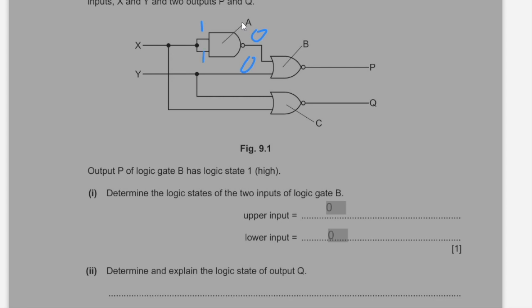And that means this lower input is going to be 1, and those two are 1. And since the upper input of Q is coming from Y, this is 0. So 1 and 0 in case of a NOR gate, which is opposite of OR, give the answer as 0, because OR would have given in this case the output as 1, but since this is the opposite of OR, this is going to be equal to 0.